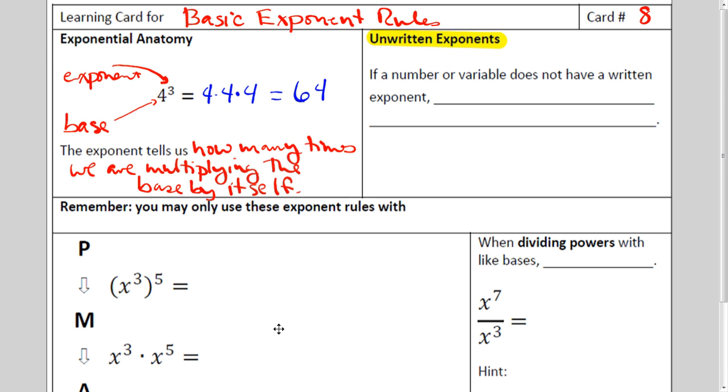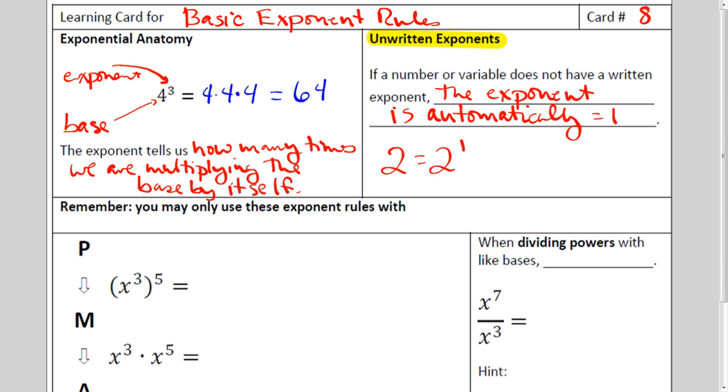If you do not have a written exponent, then the exponent is automatically 1. So if I had 2, that's really 2 to the first. If I had 3 x squared y, that's going to equal 3 to the first x squared y to the first.